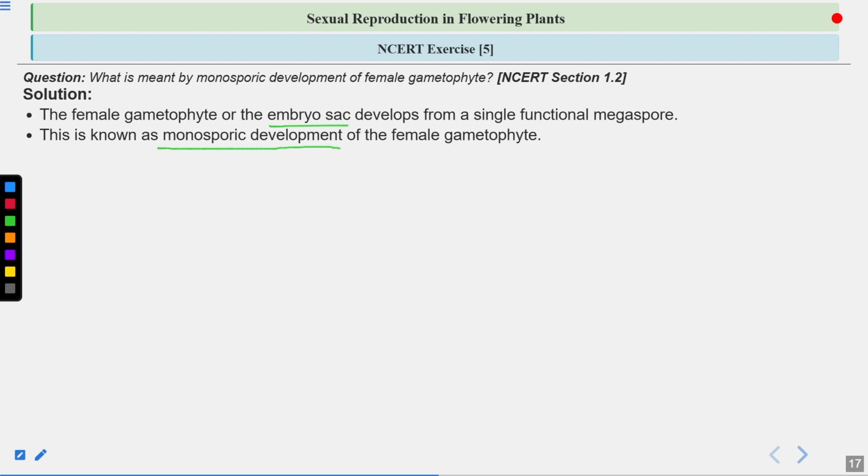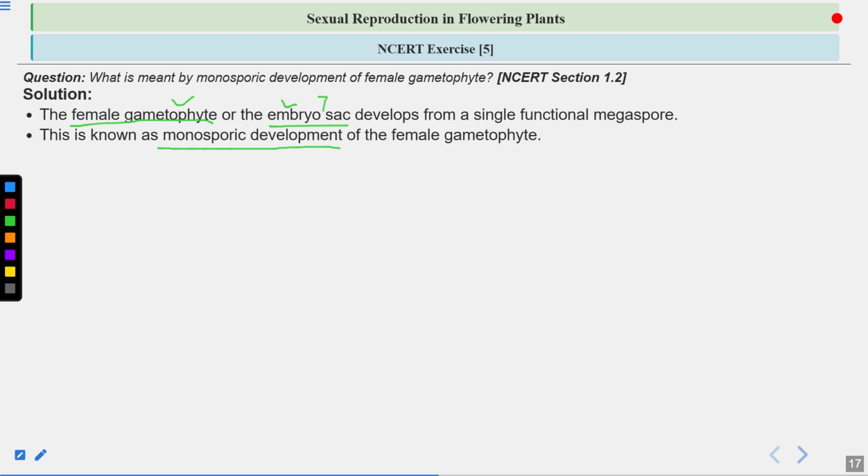And how many cells are there in the embryo sac? In an embryo sac, how many cells and nuclei are there? There are 7 cells and 8 nucleate structure. This embryo sac, or you can say this female gametophyte, is the same thing: female gametophyte and embryo sac, right?